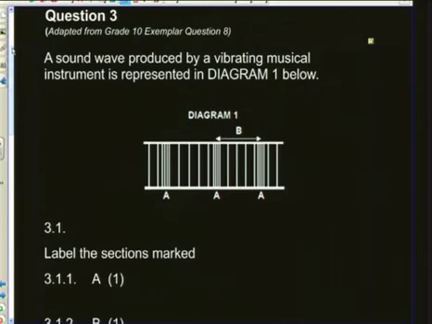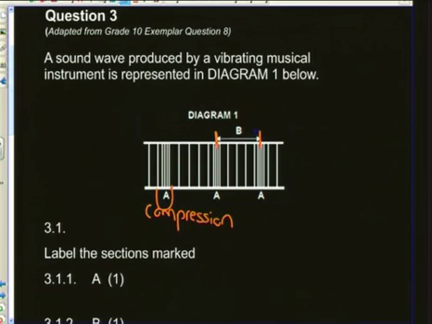So if we look at diagram 1, we've got to be able to identify certain things. A is this point here where they're very close together. So part A would be a compression. Now, B is labeling the part that's going from the middle of one compression to the middle of the next compression.